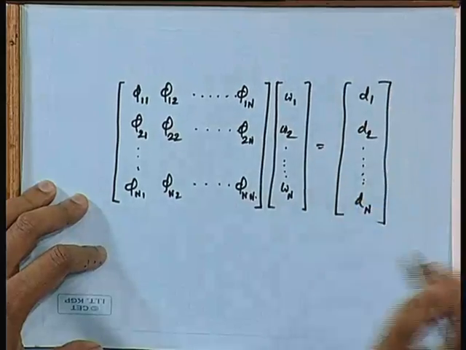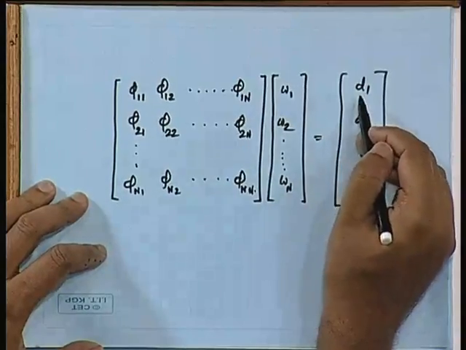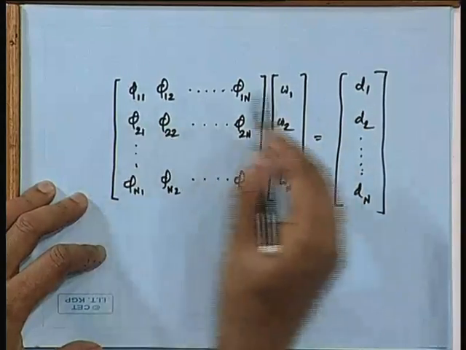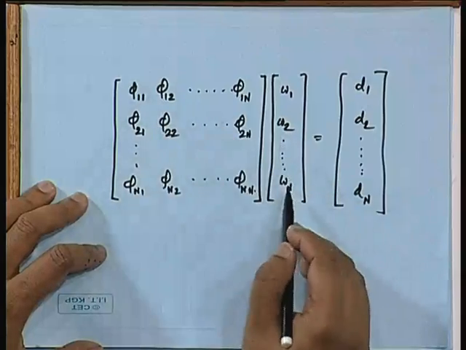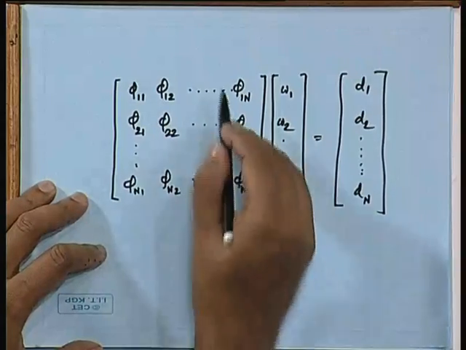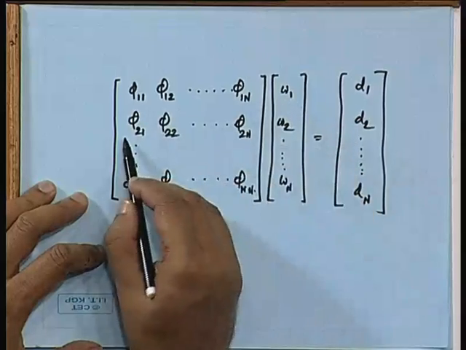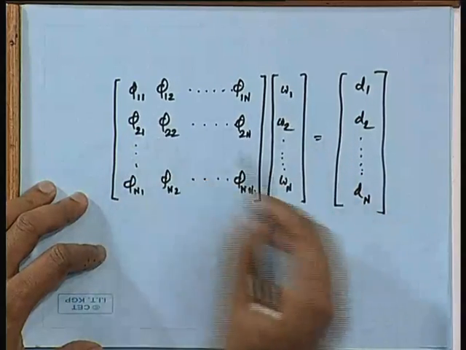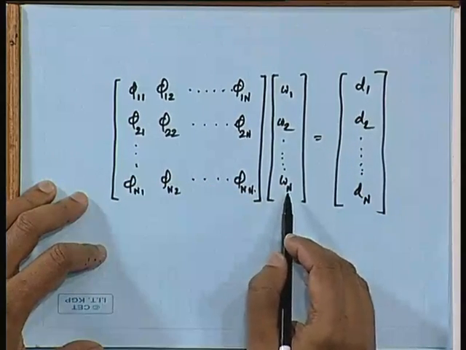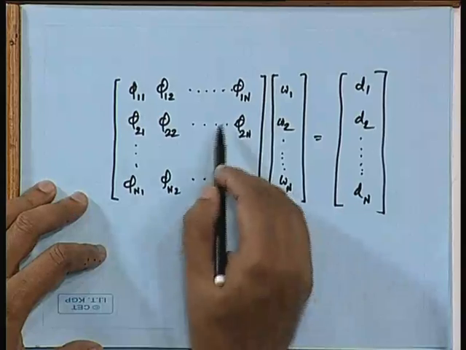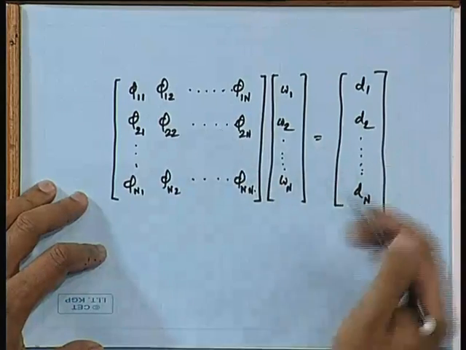Very simple to verify. What is D1? D1 is W1 phi 11 plus W2 phi 12 plus etc. up to Wn phi 1n. D2 is W1 phi 21 plus W2 phi 22 up to Wn phi 2n. Dn will be likewise.